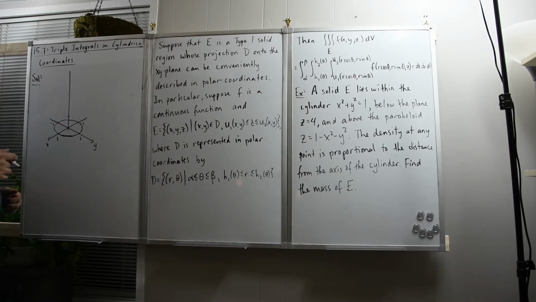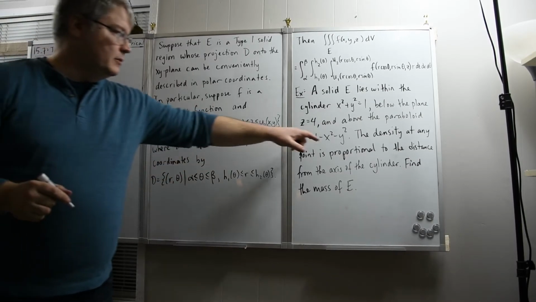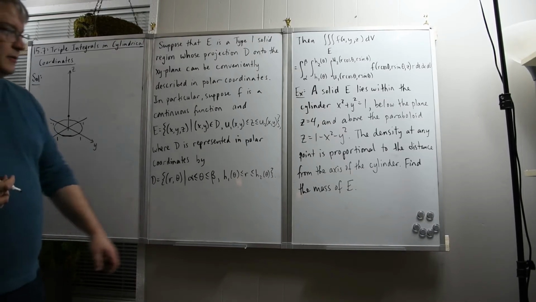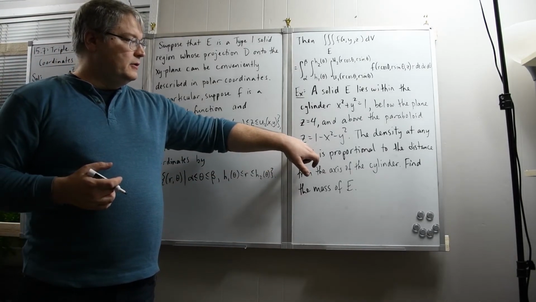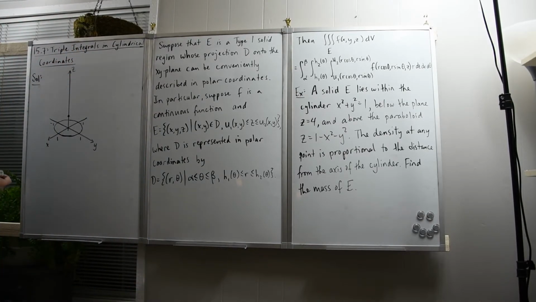And then if we take a look at our paraboloid, z equals 1 minus x squared minus y squared, one thing you might notice is that this is going to peak out at z equals 1. If you take a look at the intersection of this paraboloid with the xy plane, you would have z equals 0. If 0 is 1 minus x squared minus y squared, that means x squared plus y squared equals 1. So the paraboloid is going to intersect the xy plane in a circle.